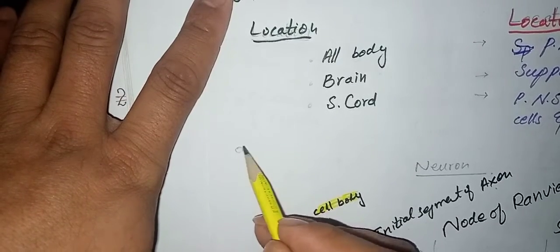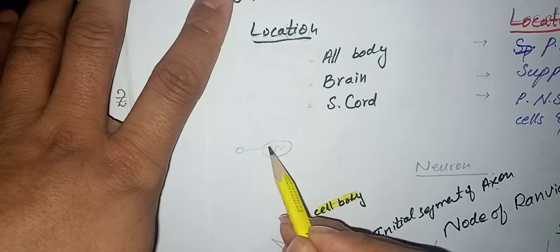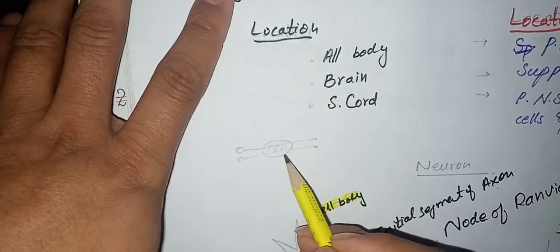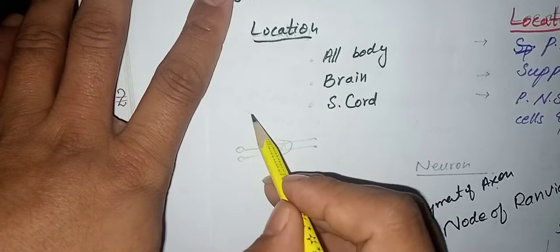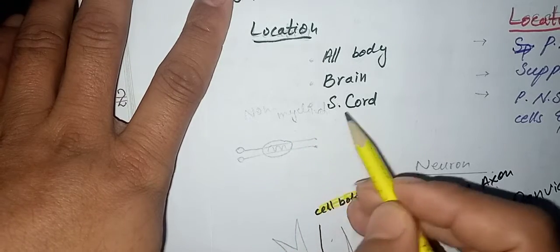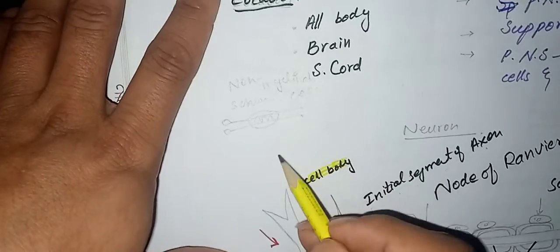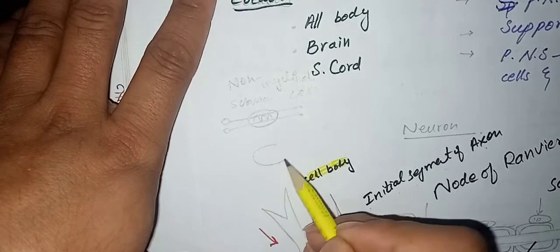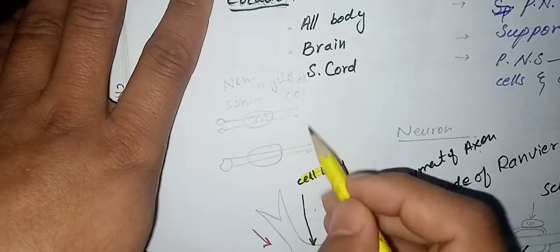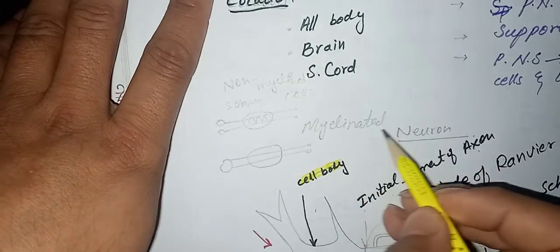If a small length of axon passes inside the Schwann cell, these are non-myelinating Schwann cells. If a large axon passes over the Schwann cell, these are myelinated or myelinating Schwann cells.